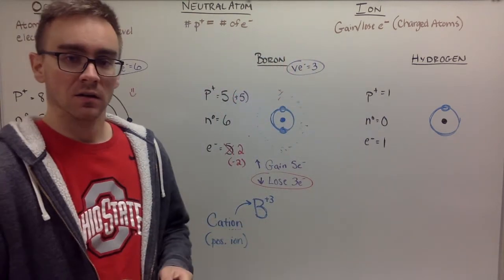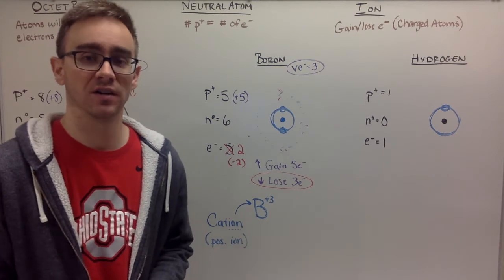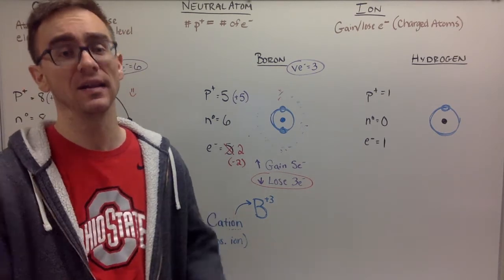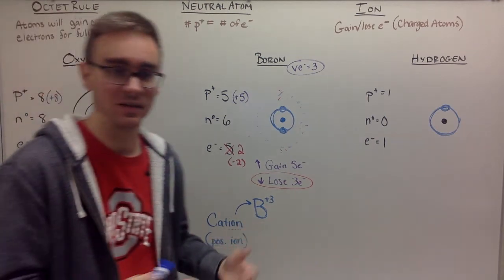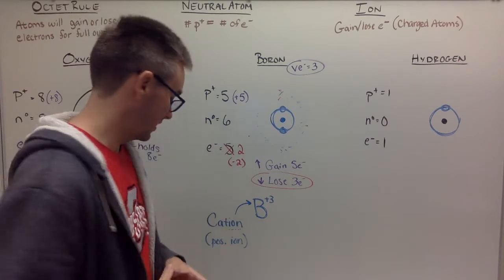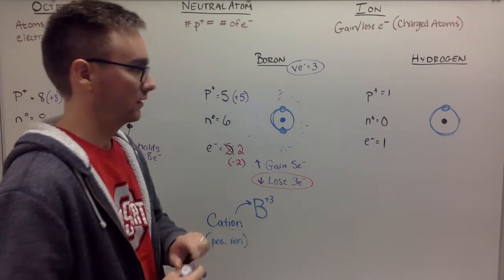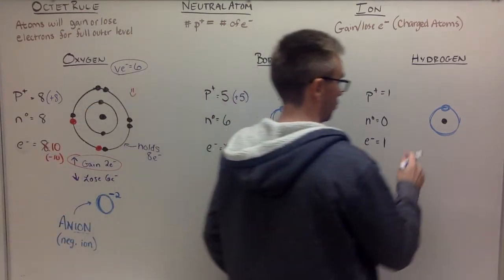It's unhappy because its outer energy level is the first energy level. Instinctively, most people want to jump to 8, especially because this is literally called the Octet Rule, and oct means 8. In this case, you have to think. It has 2 options. Its goal is to get a full outer energy level.